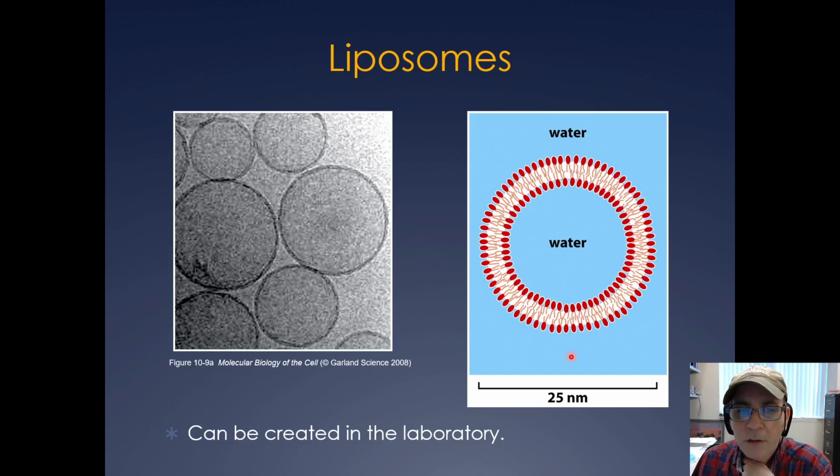And these can be easily created in the lab, and there's a lot of interest in the pharmaceutical industry right now because it's thought that these could serve as a great mechanism for targeted drug delivery. And that's really important to the pharmaceutical industry.